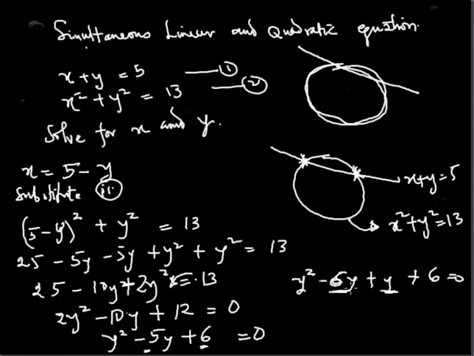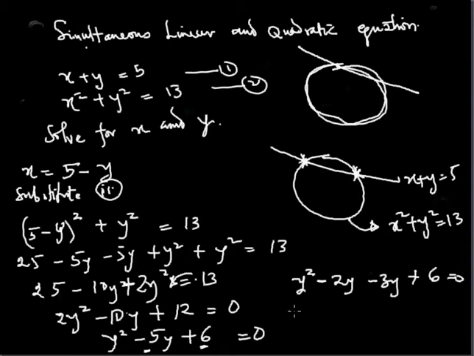So we need to delete this. That means if we try minus 2y minus 3y plus 6, I think this can give us the values we're looking for.